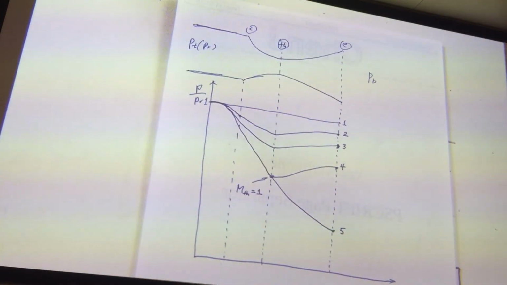Now, once Mach is equal to 1 at the throat, the flow in the divergent section will just become supersonic. Right? This is what we have been talking about, being counterintuitive to our everyday experience.